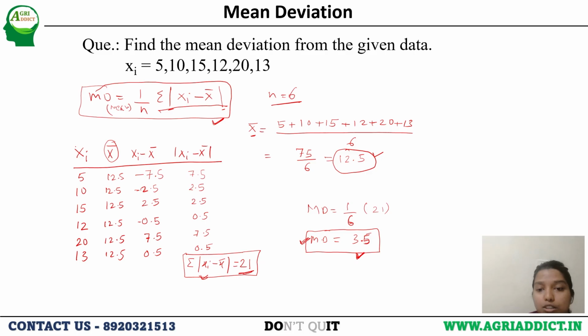I hope you got how to calculate mean deviation. Just like we did for the mean, we have to do it for the median also. For the median, we have to arrange the data in ascending or descending order. Then we'll be able to find the median, and then we calculate in the same process. I hope you got this.